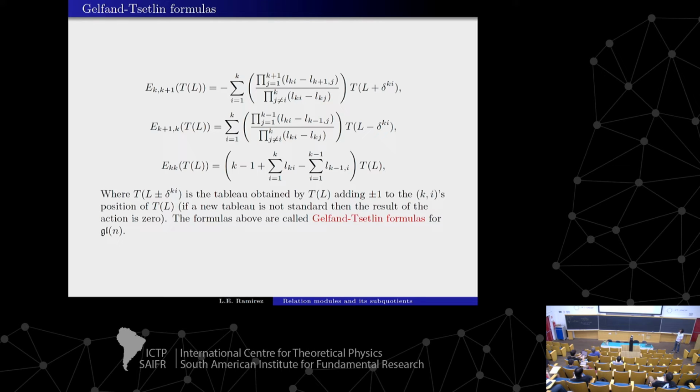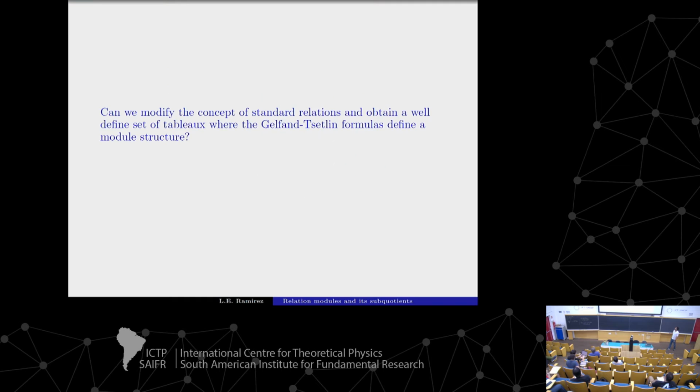This is the important thing I will use in the future today. So we have a description of any finite dimensional module with these particular formulas. It's quite a nice theorem.